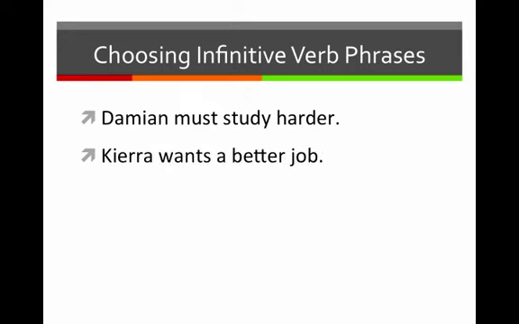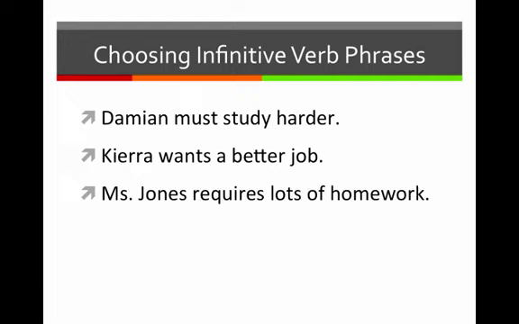Your turn. Why does Kiara want a better job? Kiara wants a better job to make more money, have better hours, improve her long-term career perspectives, to get away from her ex-boyfriend. The possibilities really are endless. Ms. Jones, why do you require so much homework?